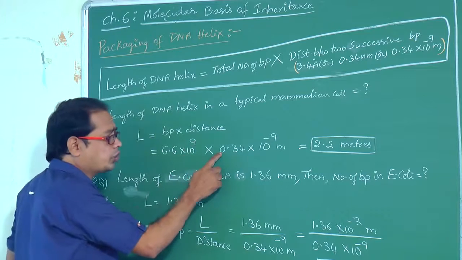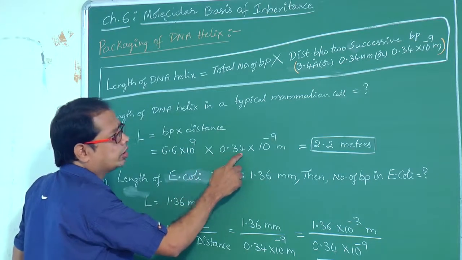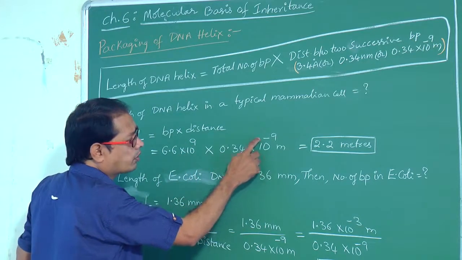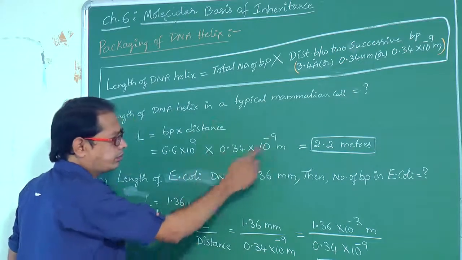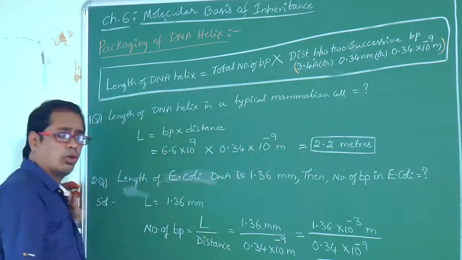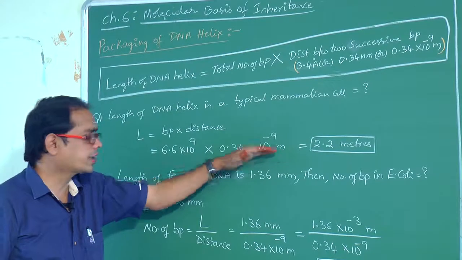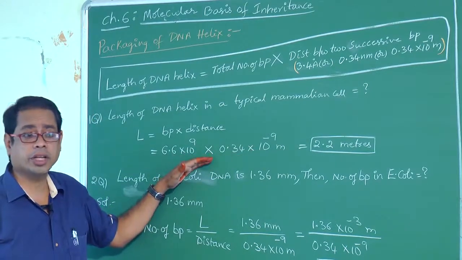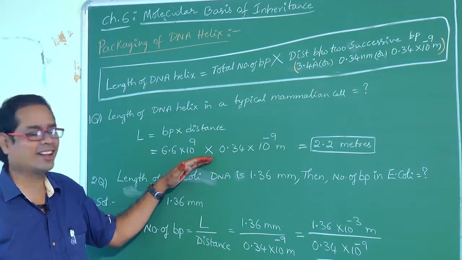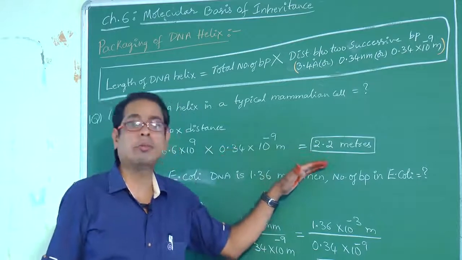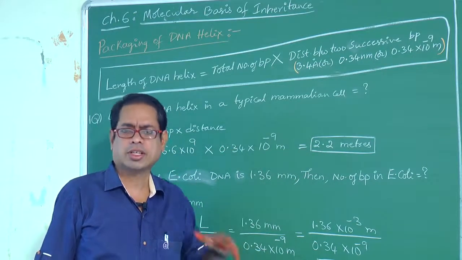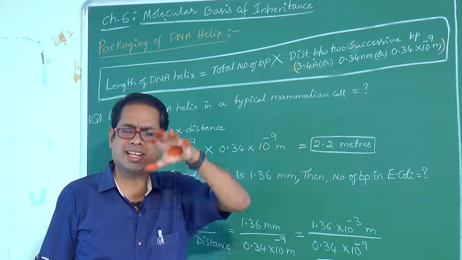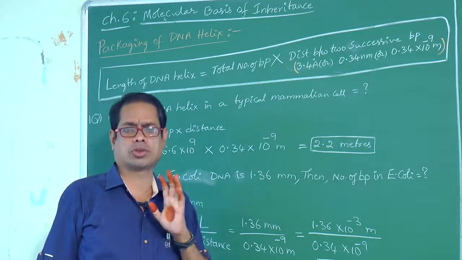The distance is 0.34 into 10 power minus 9 meters. That is equal to 2.2 meters. How much DNA is present in a typical mammalian cell? 2.2 meters. That means this length of DNA is present on the chromosomes.